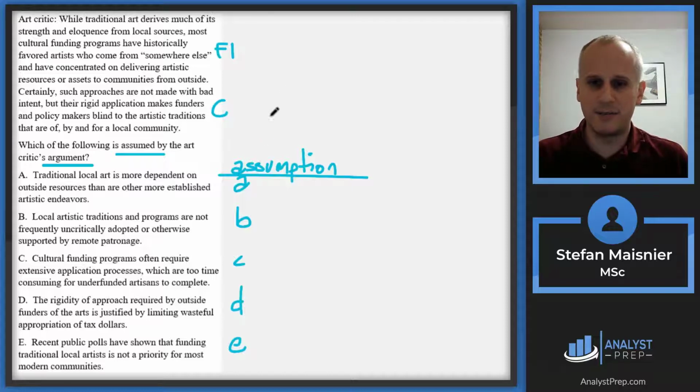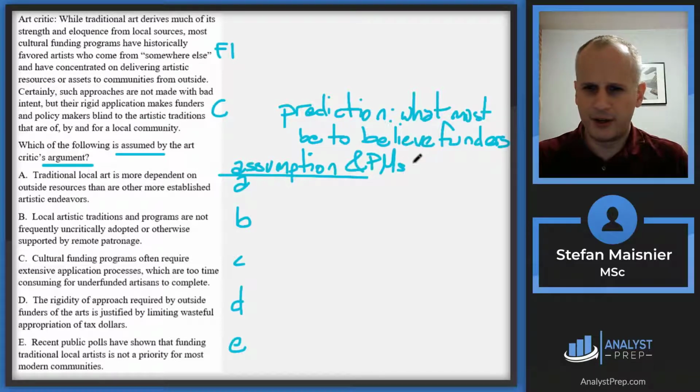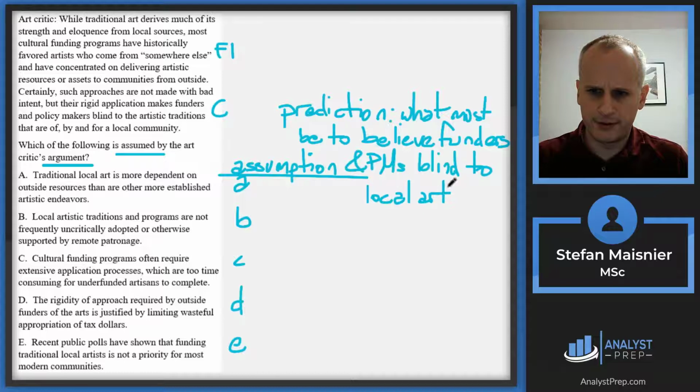So our assumption from a prediction standpoint is just going to be what must be believed: that those funders, and we'll just call them PMs for policymakers, are blind to local art traditions.